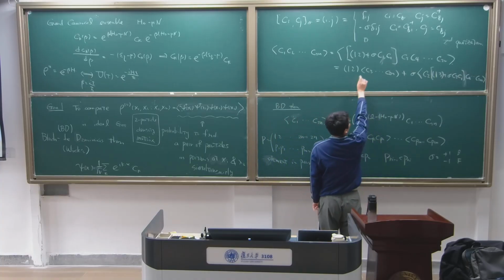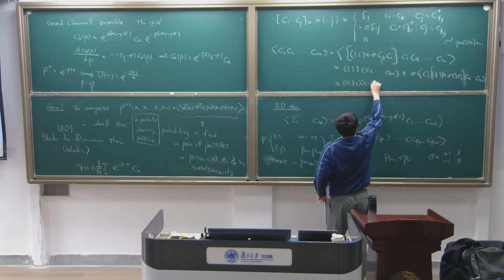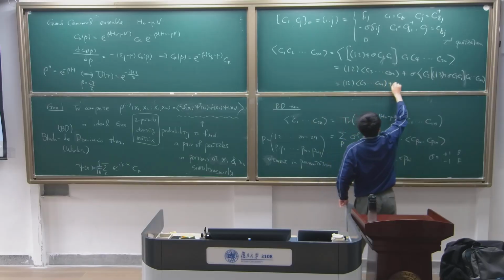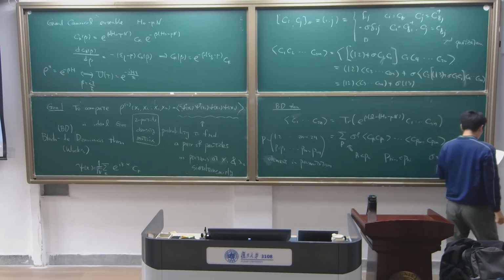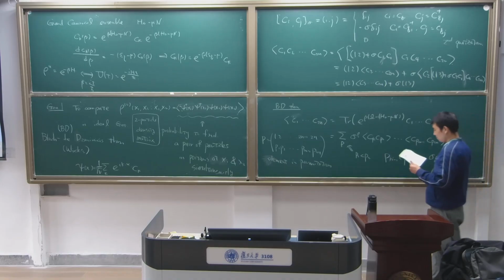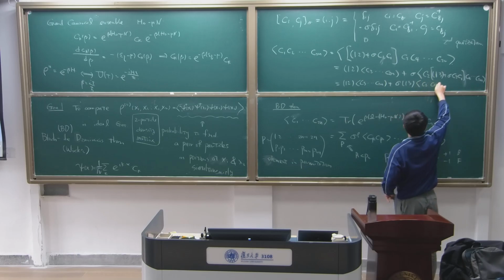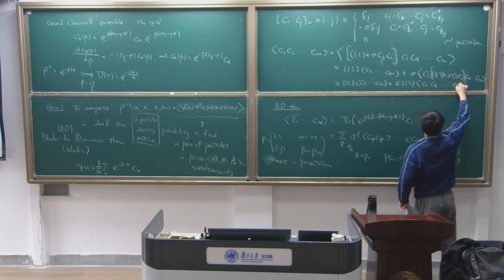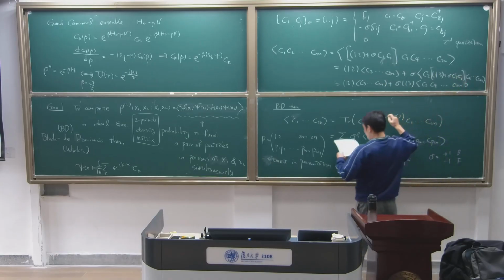And this can be understood as 1,2 C3 and plus sigma 1,3, because that's a c-number already. 1,3 is a c-number, and then C2, C4, and so on. And then the rest is this guy, and I keep going.